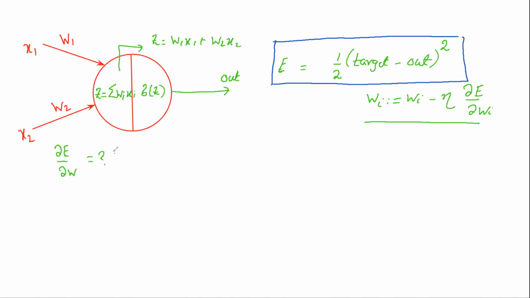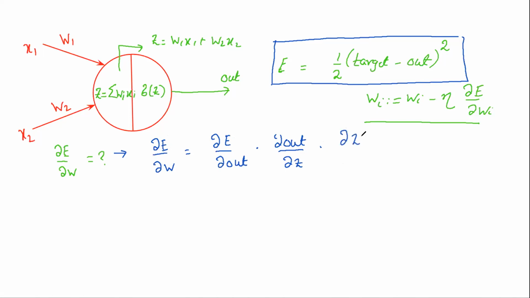So if we apply chain rule, I can split this expression. I will compute the derivative of error with respect to output, because that is the only variable I have within that expression. And output is actually sigmoid of Z, so output is dependent on Z. And Z is dependent on W. So now it makes sense why we are using chain rule.